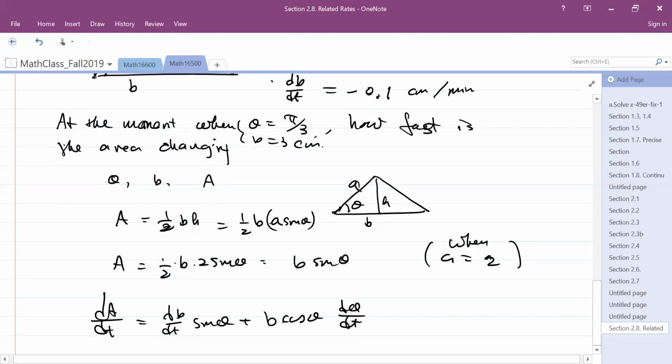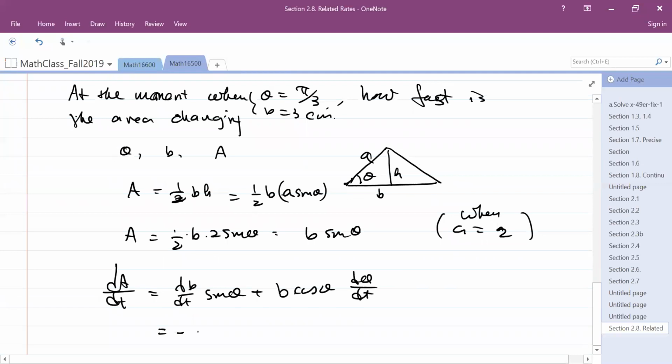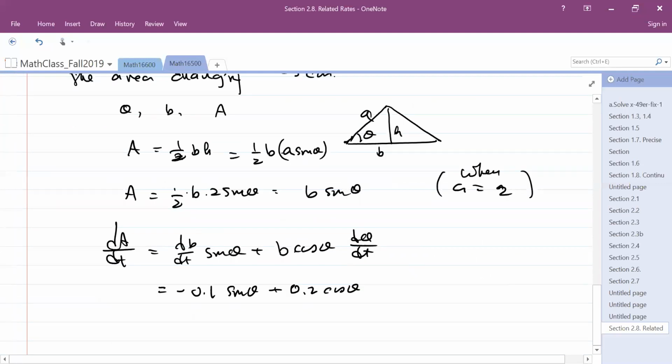At the moment when theta equals pi over 3 and b is 3. First of all, we are given the derivatives. d b dt times sine theta, plus 0.2 times cosine theta, this d theta dt is given.